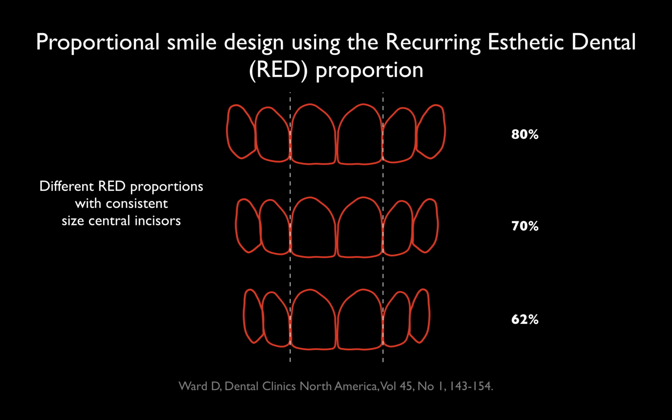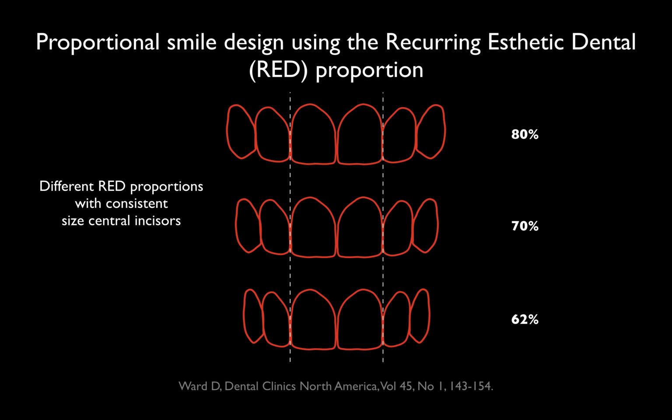And so a lot of other authors looked at what makes aesthetics. Ward talked about the recurring aesthetic dental proportion, or the RED proportion. And what he's noted is that if we set up some properly designed, symmetrical, well-balanced centrals, proper width to length ratio, that as we moved distally or laterally, we could have different proportions of the widths of the laterals to cuspids.